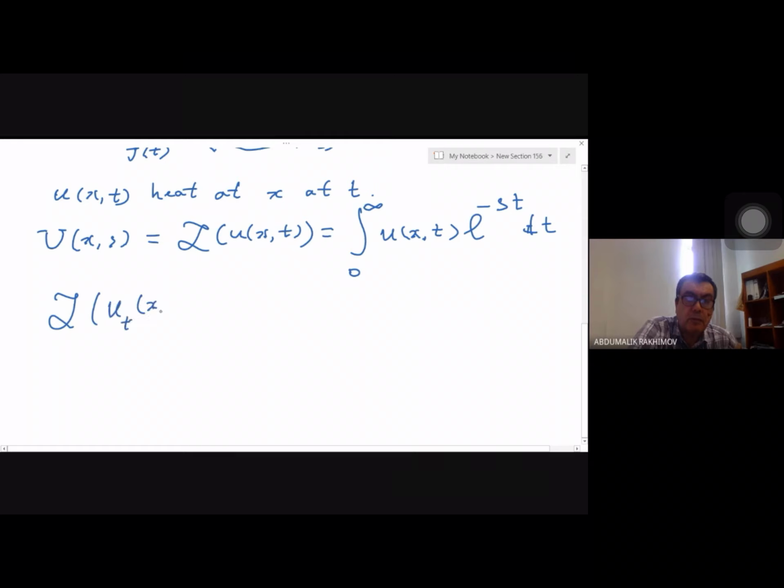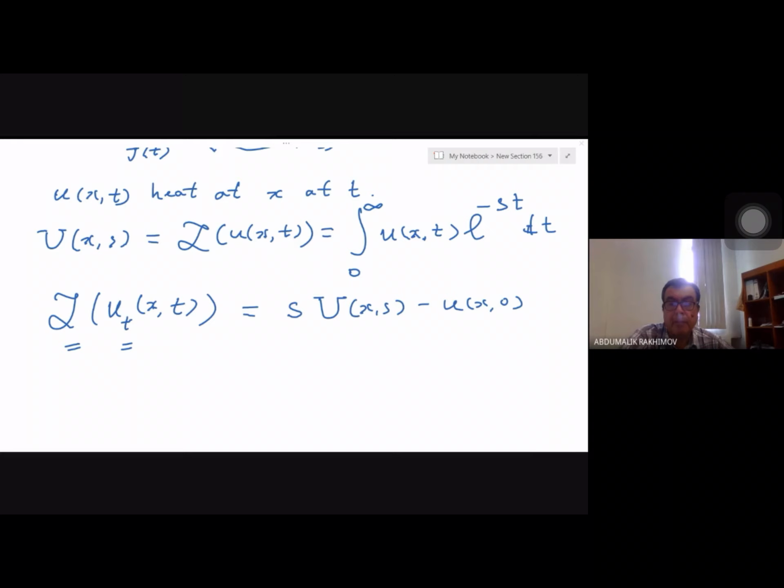What is the Laplace transformation of u_t? The Laplace transformation kills this derivative, and the result will be s times U(x,s) minus u(x,0). Remember this formula? We will use this formula for the solution of the heat problem, because in the heat problem we have only one time derivative.